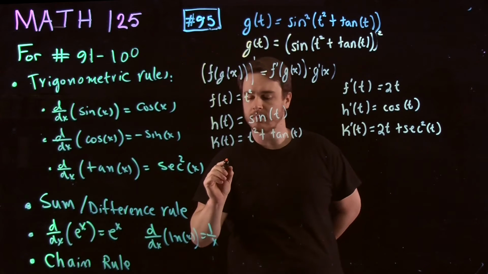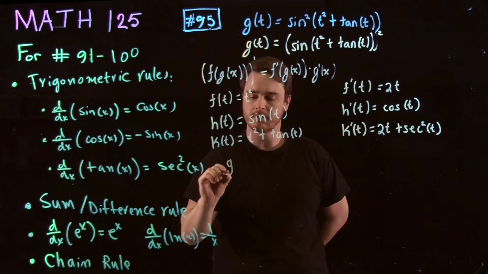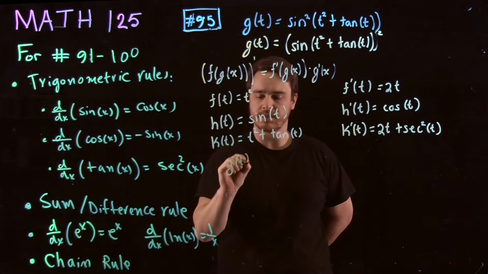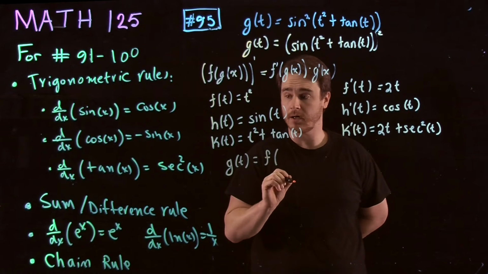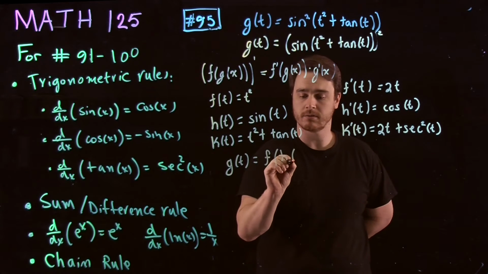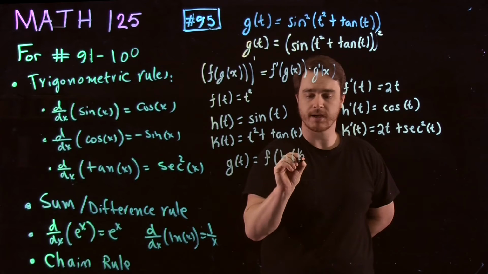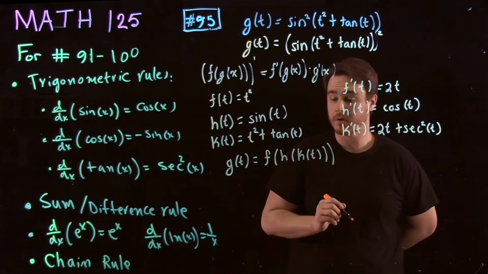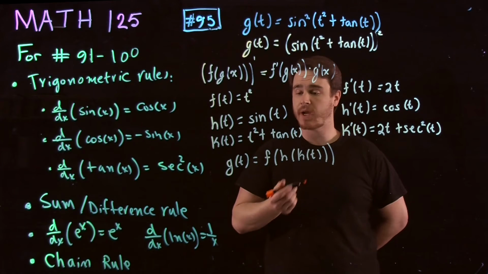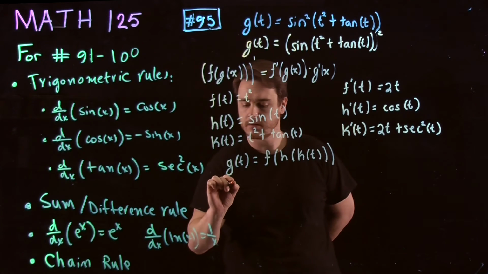Now, let's go back to our original function and let's see how many layers we have here. So what we really have is g of t is equal to f of h of k of t. So, we have to do chain rule multiple times on this.